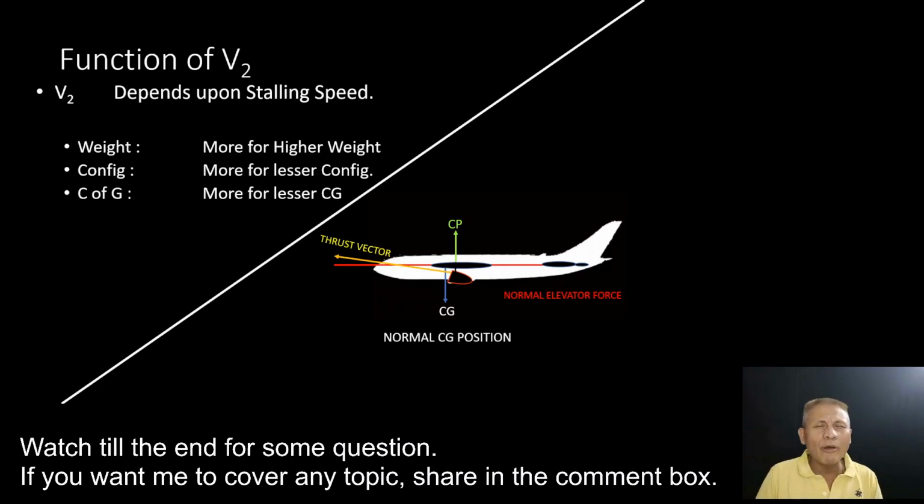But as long as you have all the engines operative, this particular downward couple which exists because of the CG will be compensated by the thrust vector of the aircraft. So in most aircraft, the thrust vector is slightly pointed upward. Depending upon the design, it may be 2 degrees, 3 degrees or 4 degrees.